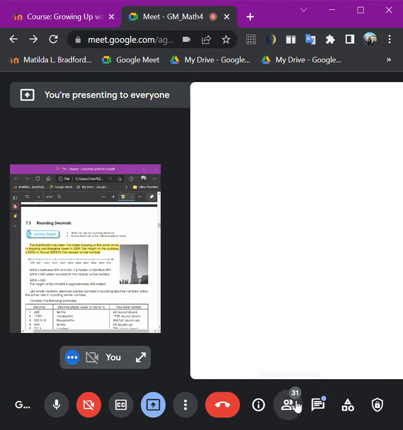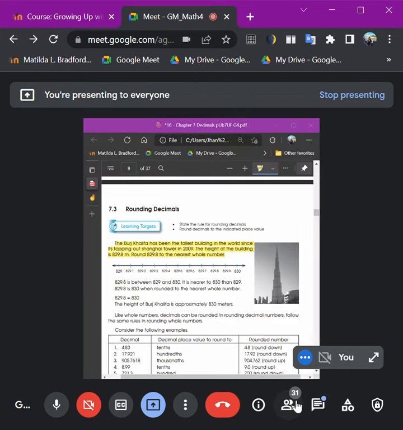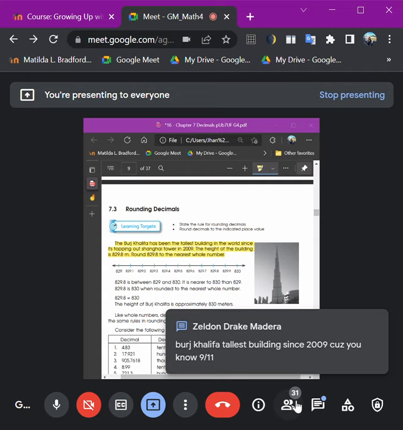Okay. The Burj Khalifa has been the tallest building in the world since its topping out, Shanghai Tower in 2009. The height of the building is 829.8 m, round to the nearest whole number.